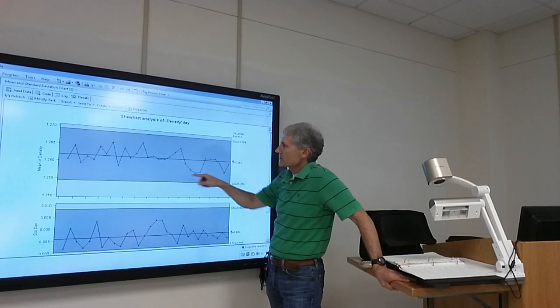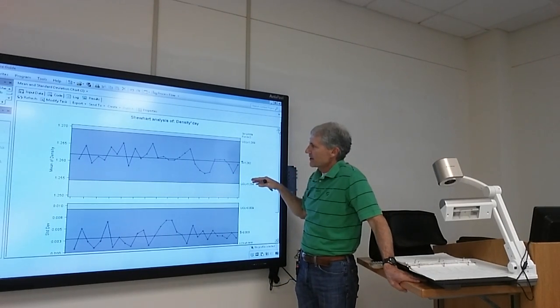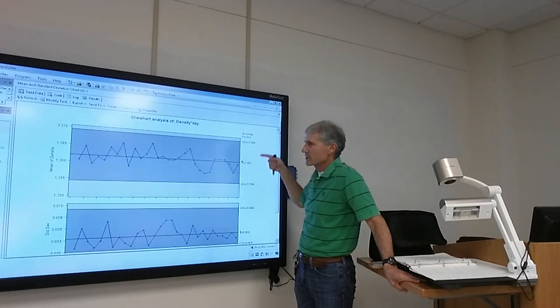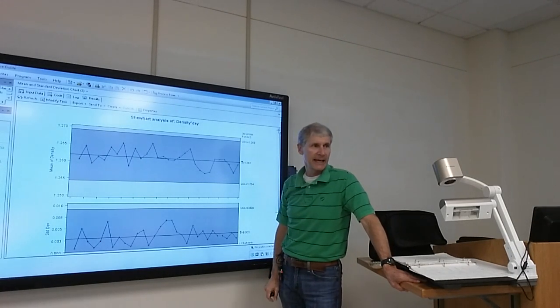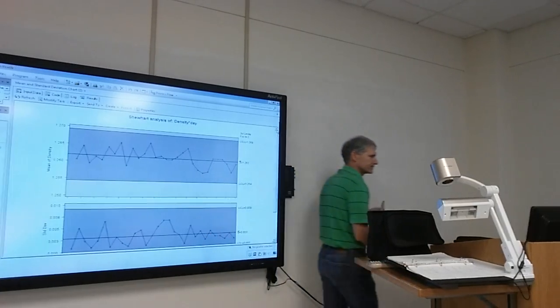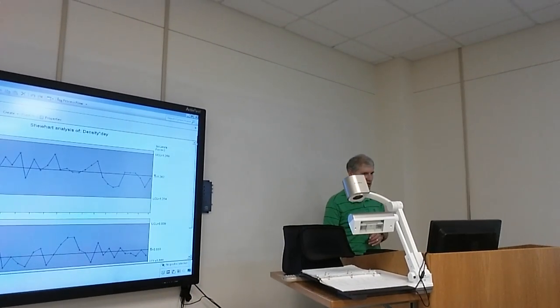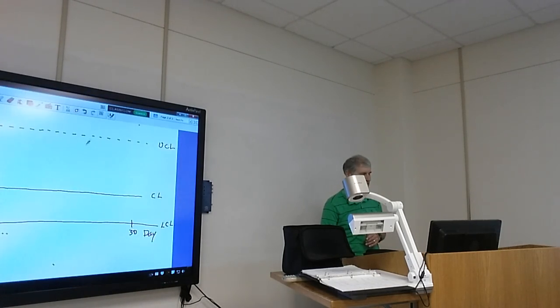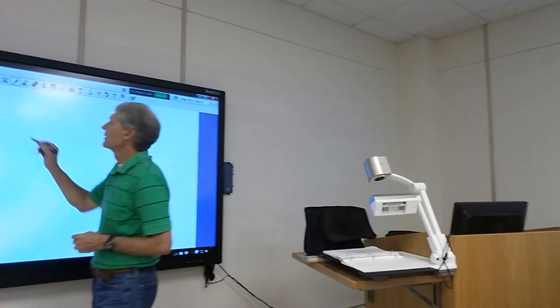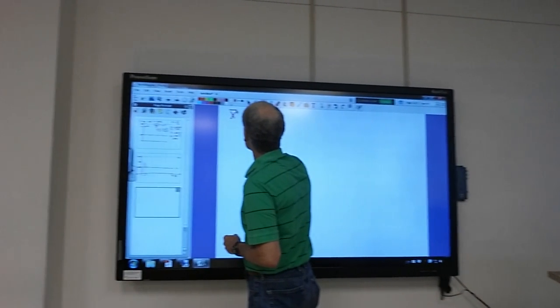the X bar chart, you can see what it looks like. We'll come back and interpret it in a minute and look at these numbers, but let's see how to compute them by hand. So the first thing we got to do is figure out the center line. So X bar chart.